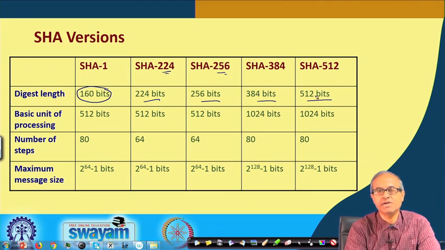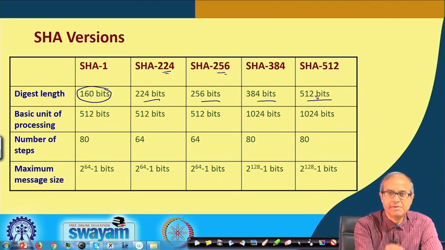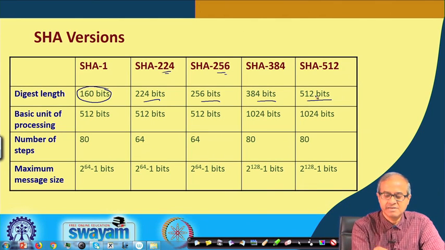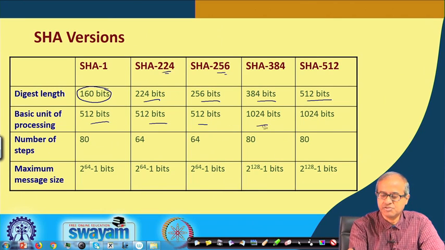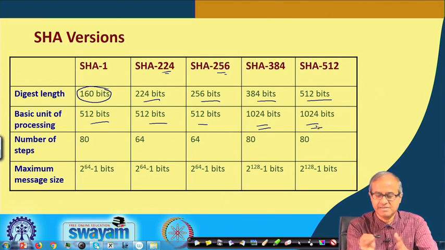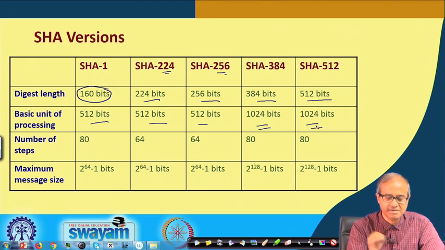So, SHA-512 indicates that the final hash value is 512 bits. The basic unit of processing, the chunk into which the message is broken up: the first 3 use 512 bits, the last 2 use 1024 bits. The number of rounds in that function f is very similar in construction: 80, 64, 64, 80, 80.